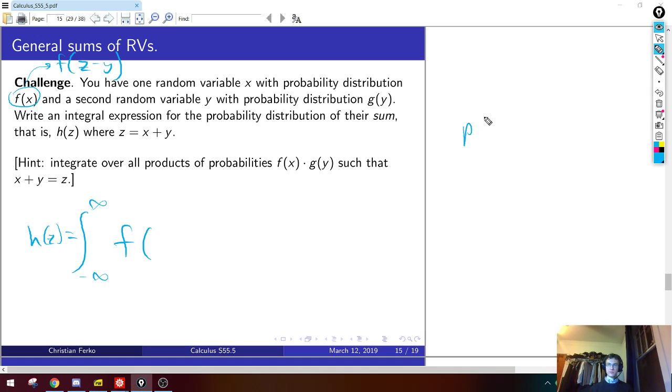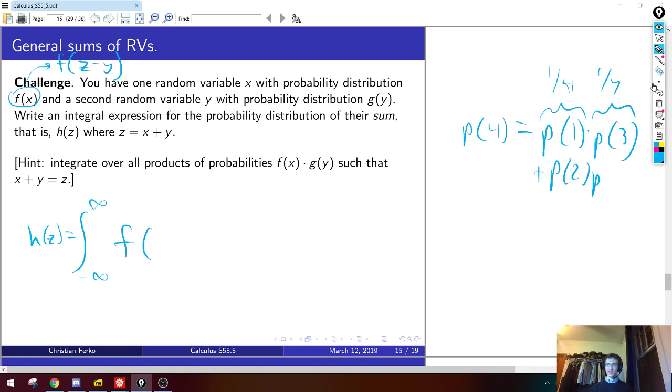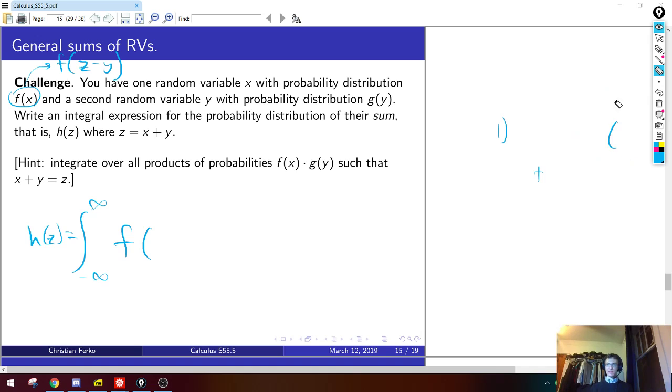If you wanted to find the probability of getting the sum equals 4, it was the probability of, say, 1 times the probability of 3, because the probability you get 1 on the first die roll is a quarter, and the probability you get 3 on the second die roll is a quarter. So it looks like we multiply probabilities, right? So f of z minus y times g of y, dy. That looks right.